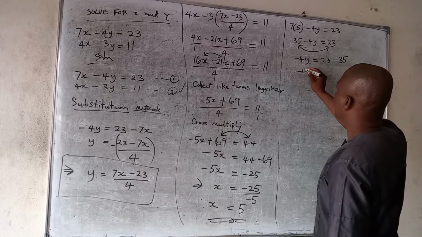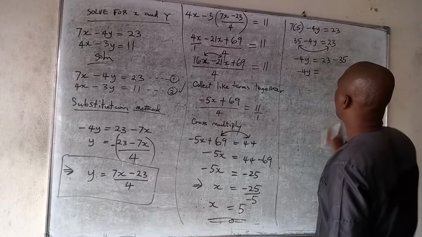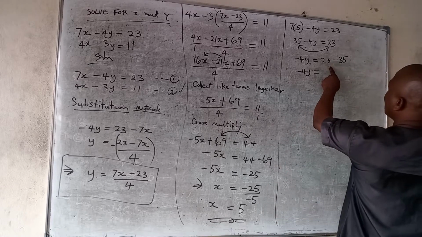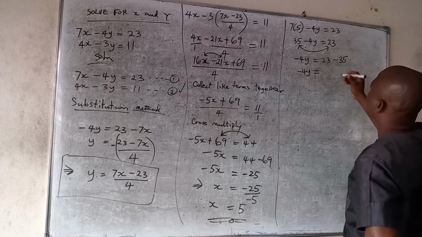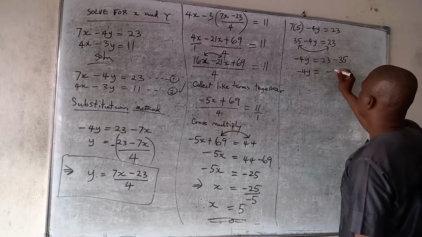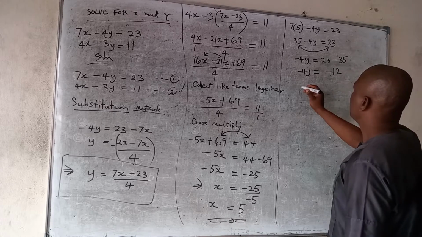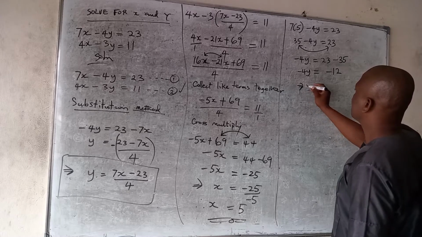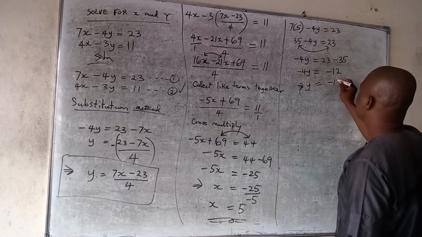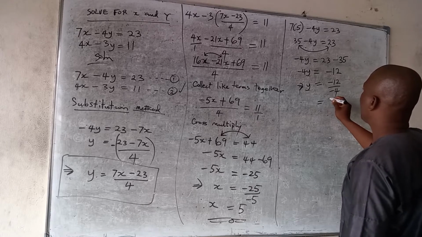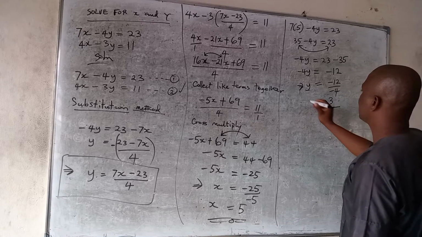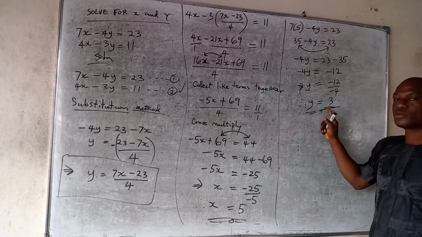So we have minus 4y being equal to 23 minus 35, which is the same as minus 12. So it implies that y is the same as minus 12 over minus 4, which is 3. So y is equal to 3.